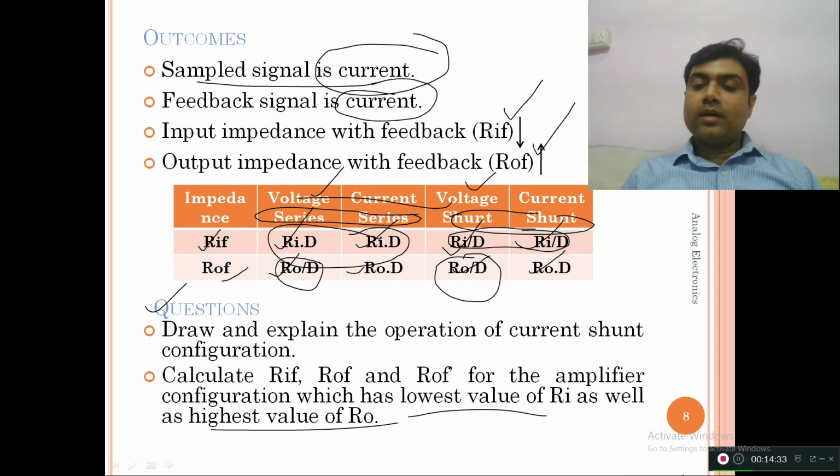So this is all about the discussion on the configurations, and we have summarized how we can correlate the Ri and RO calculations. Whenever I use the Ri and RO terms, it is definitely with respect to the feedback.